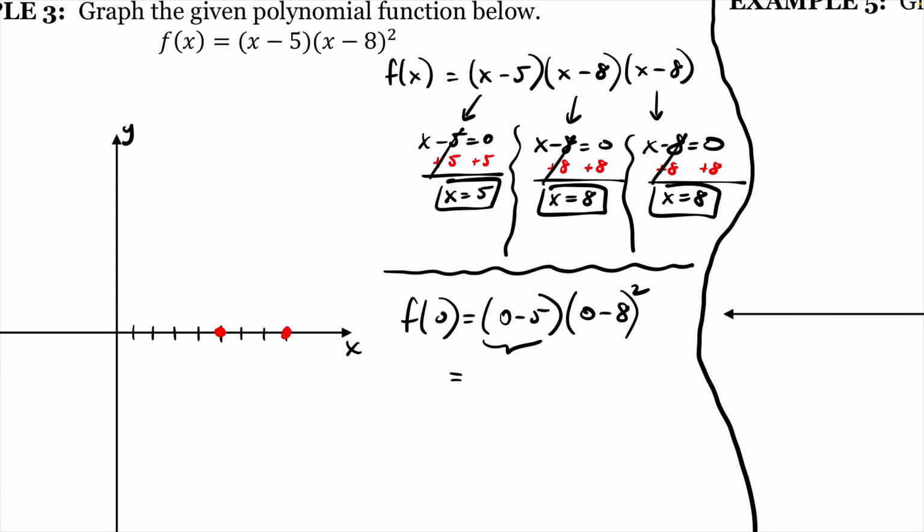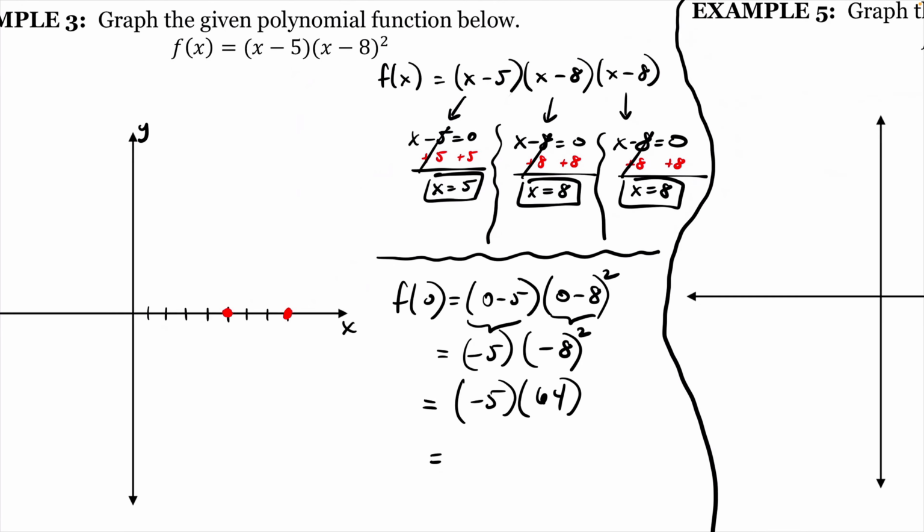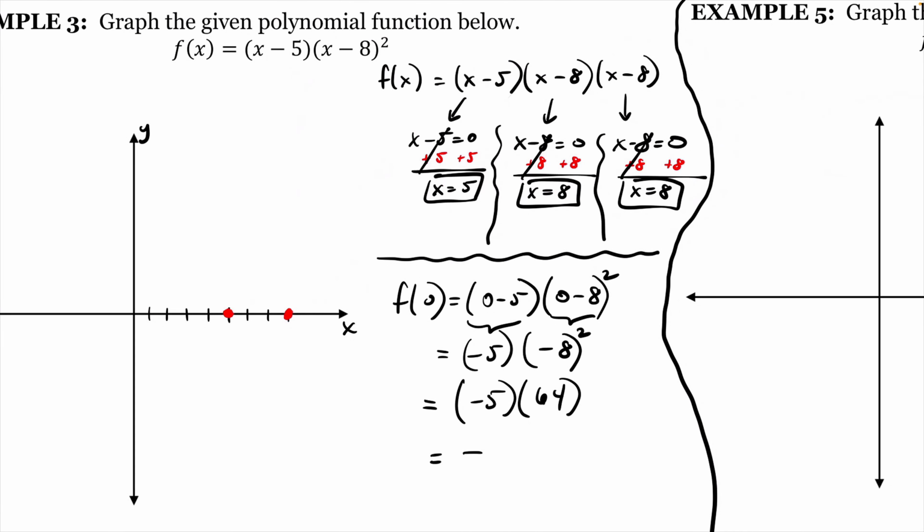Zero minus 5 is negative 5. 0 minus 8 is negative 8 squared. What is negative 8 squared? 64, right? So I get negative 5 times positive 64, which is negative 320.